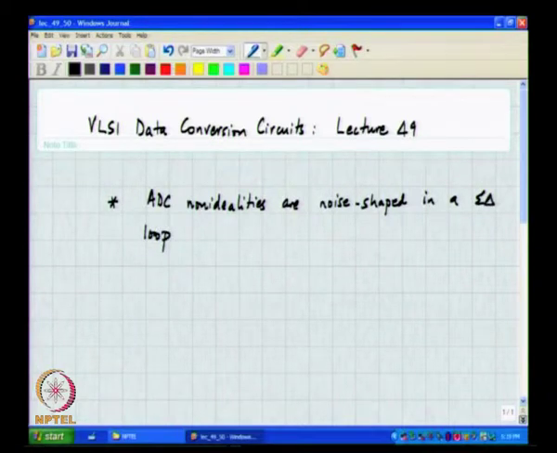On the other hand, D2A converter non-idealities are definitely not noise shaped, because those errors appear as if they are added in along with the input. Okay. So, this means that you can get somewhat sloppy on the A to D converter design. Okay.